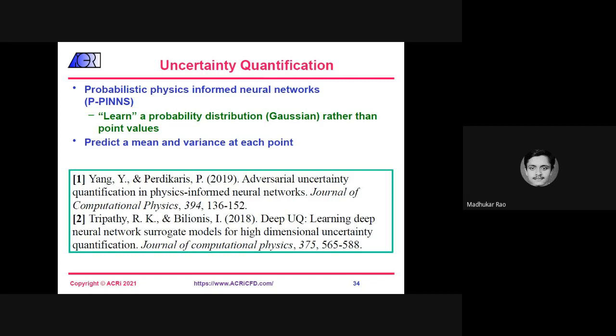And so there are separate loss functions for quantifying the mean and the variance at each point. And the following 2 papers have used some of the more statistical approaches in physics-informed neural networks for uncertainty quantification.